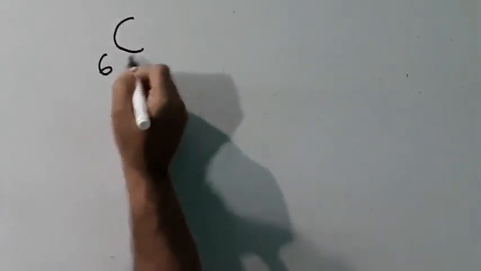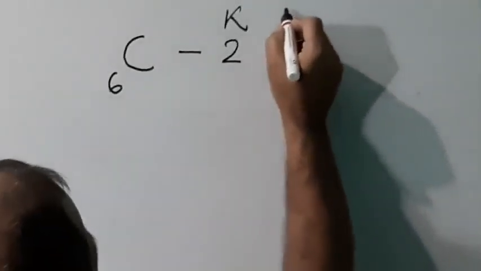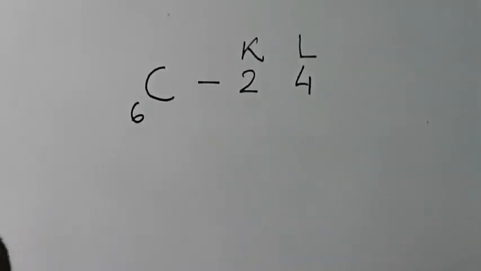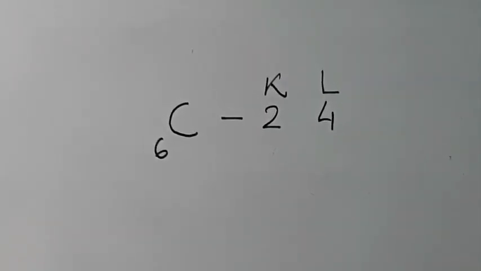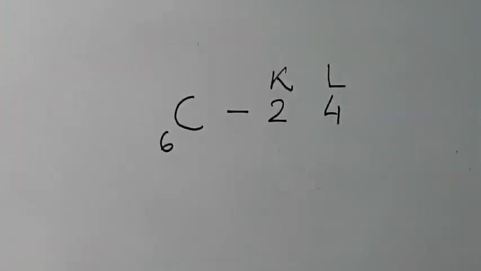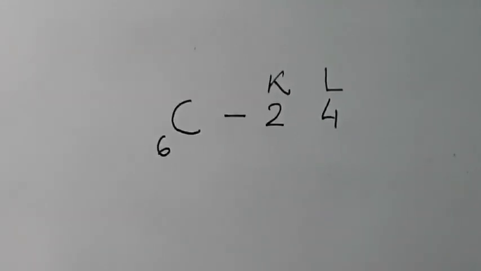First of all, carbon has atomic number 6, so its electronic configuration is 2, 4. Carbon has 4 electrons in its outermost shell. If you recall from class 9, carbon has a valency of 4.